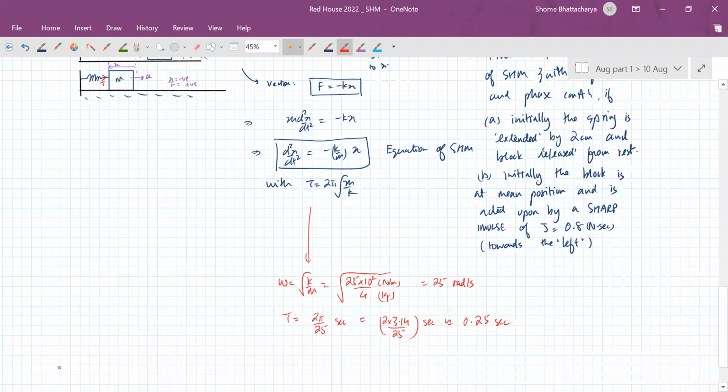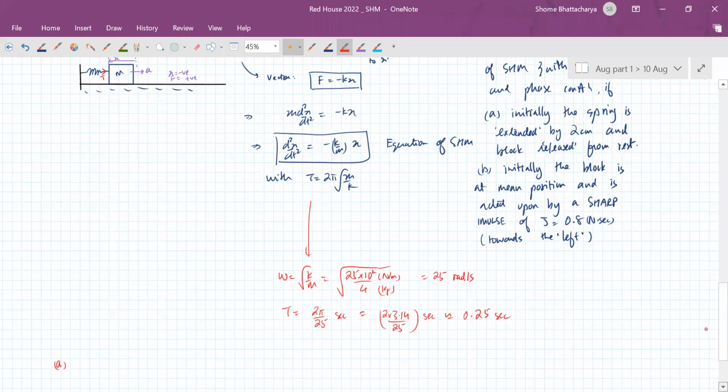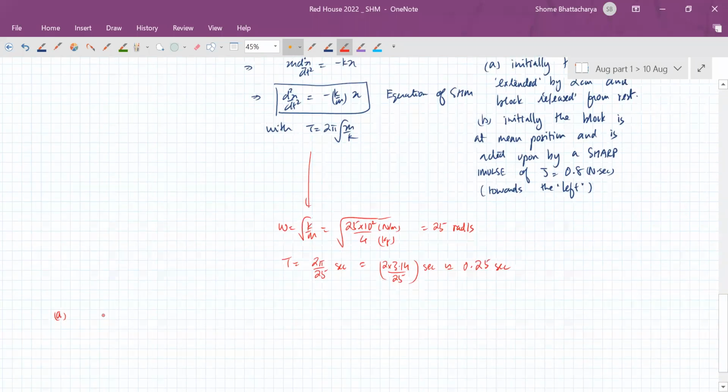Okay, now in the A part, this is the initial condition. We are releasing it from rest.